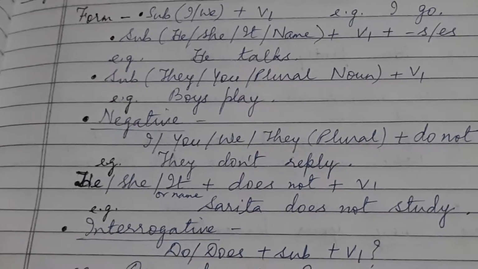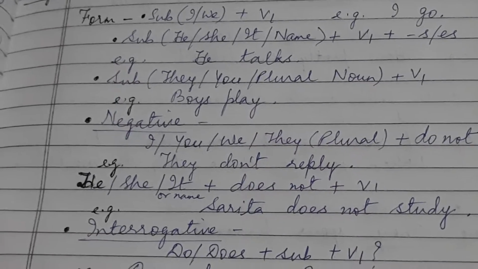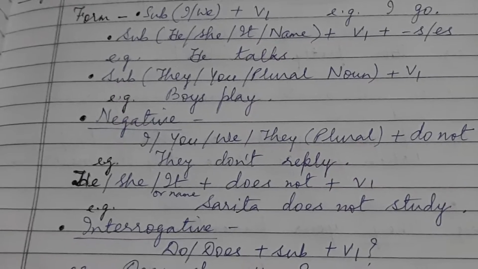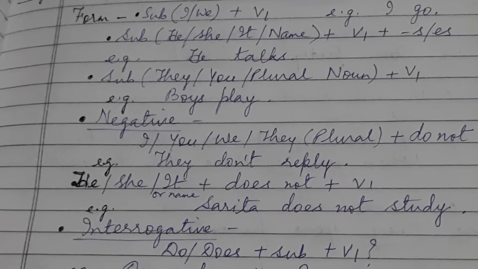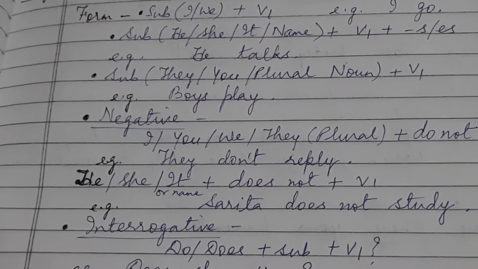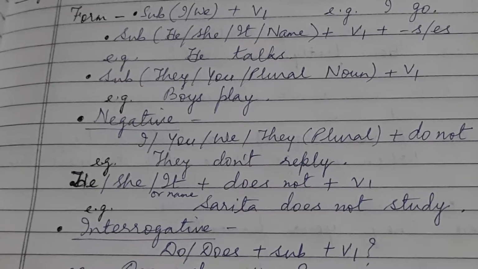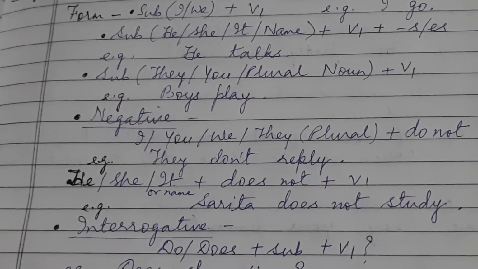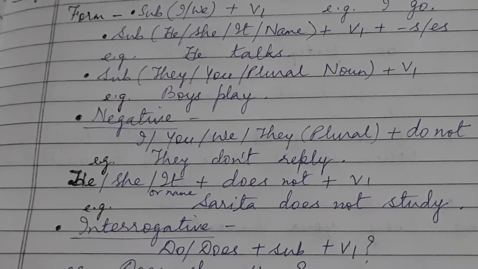Like the first example we have taken, I go. So if here we write go for the third person he, then it should be goes. He goes. But in this next example you can see he talks or she talks. So talk is the first form of the verb, and we add only s, so it becomes talks.